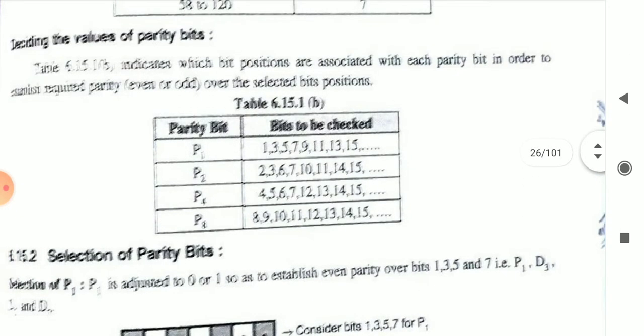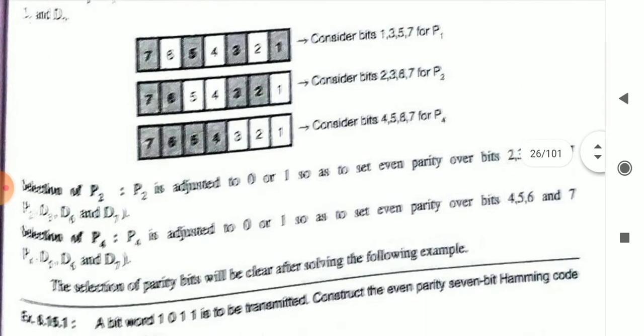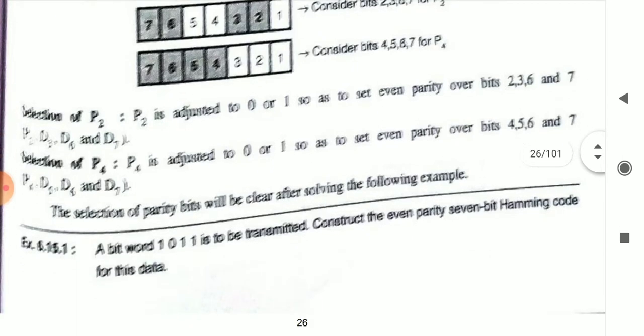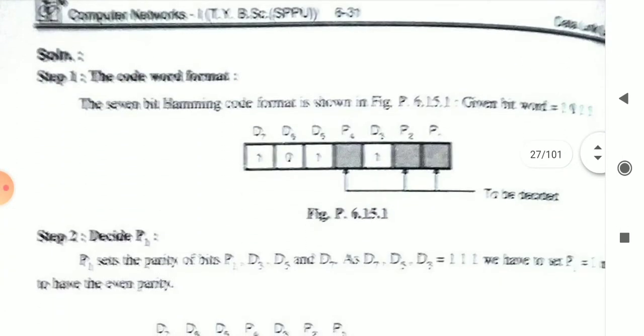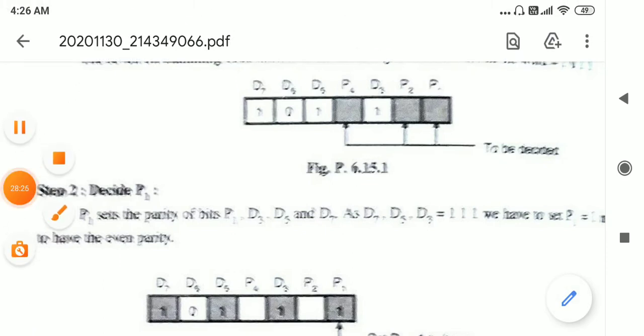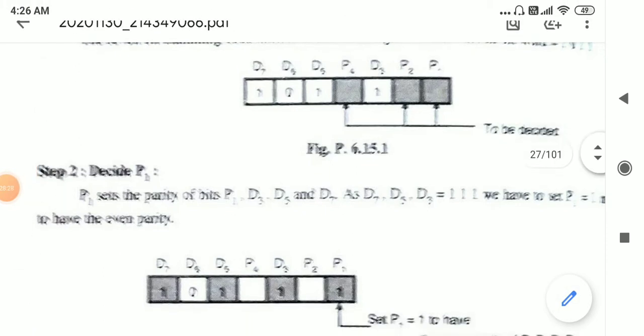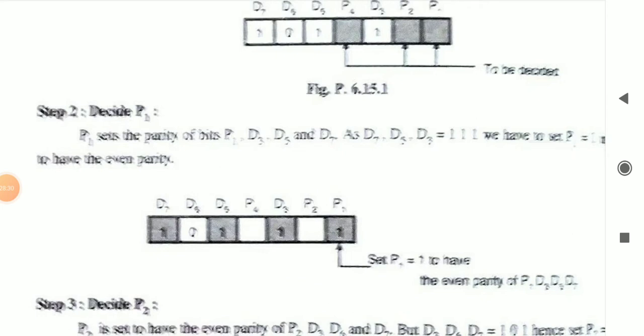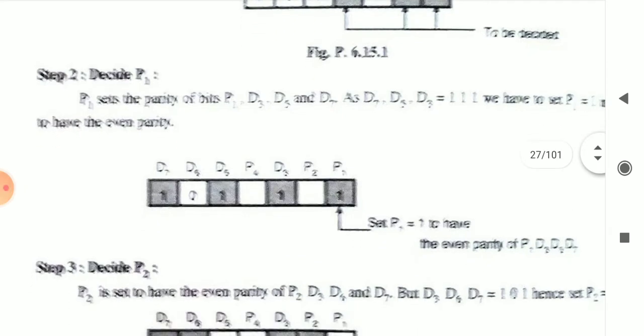Selection of parity bits. Here the bits to be checked are P1, P2, P3, P4. This is the code word format, the 7-bit Hamming code format shown here. Decide P1 and set the parity of bits P1, D3, D5.